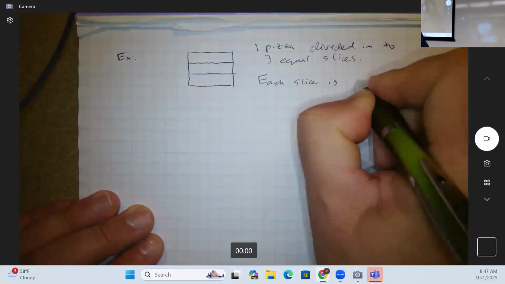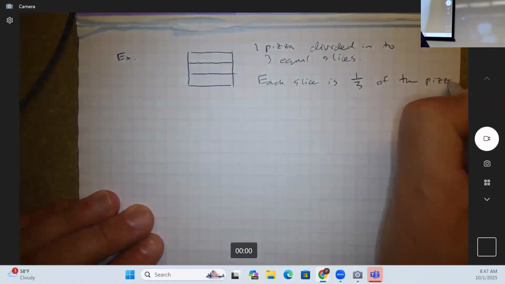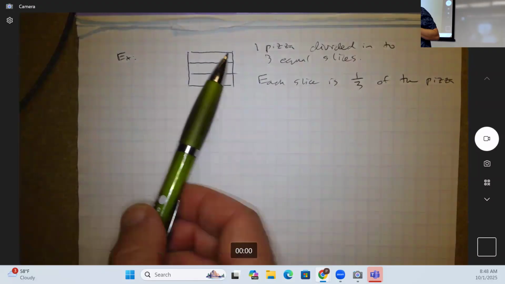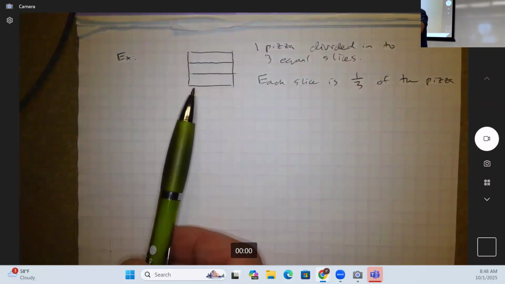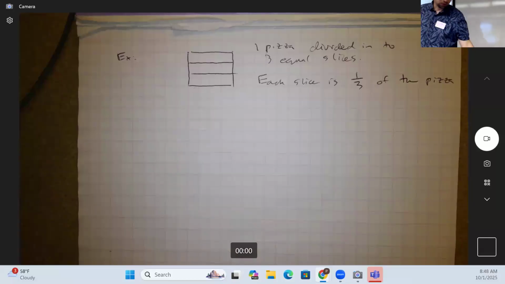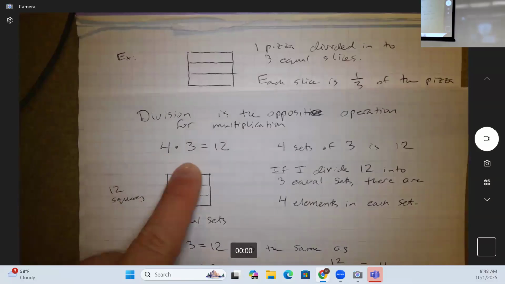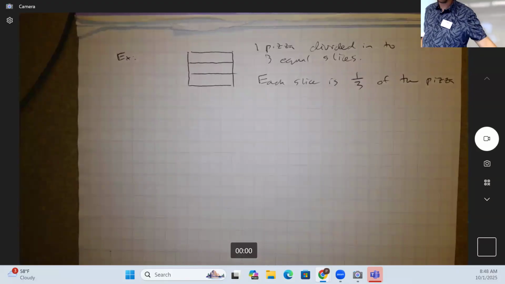Each slice is 1/3 of the pizza. So it kind of depends when you draw your initial shape, you have to decide how big that initial shape is. This big rectangle here represents the number 1. Before, when I drew that same rectangle, it represented the number 12. So you just kind of have to keep that in mind if you're thinking about it visually.